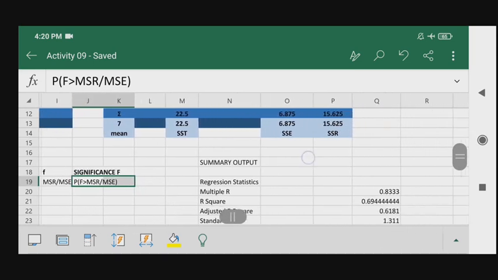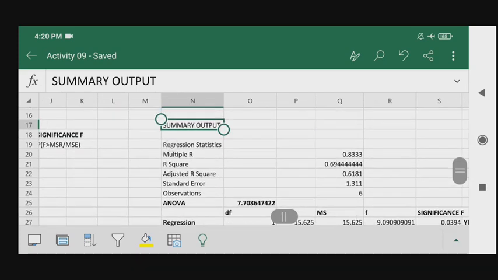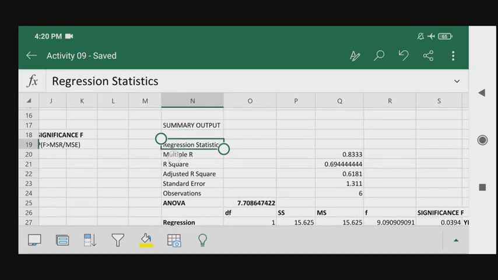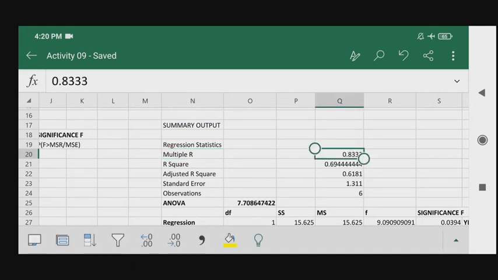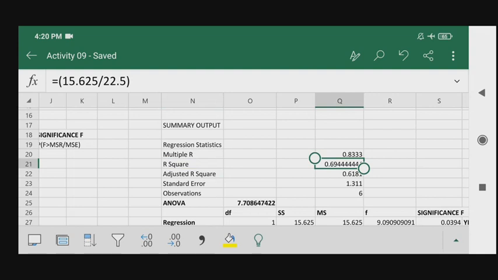So here is the summary output for regression analysis. The multiple R is 0.8333 and the R square is 0.69444444.